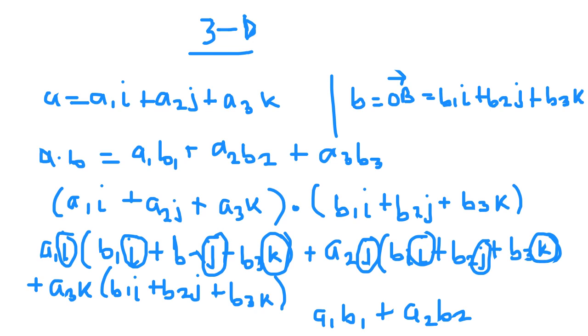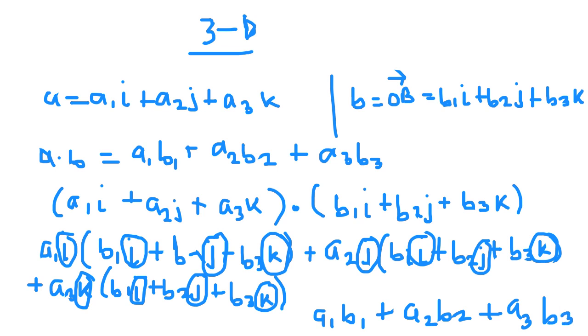Now let's come to the third part of the sum. We have K. K multiplied by I is 0. K multiplied by J is 0. K multiplied by K is 1. So we have A3 B3. And that is what happens in terms of components.